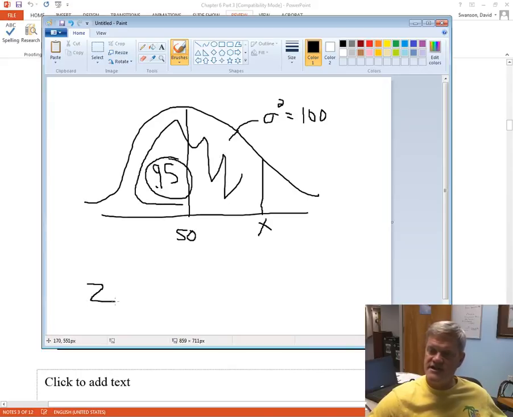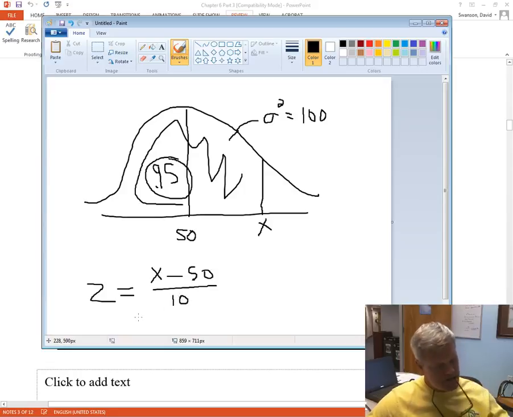So we go to our z and we do the equal sign, and we plug it in again, right? We put x minus 50. We have to take the square root of 100 to get the standard deviation, so that's 10. And then we just go to our table, and then also I have to remember to show you the Excel too.